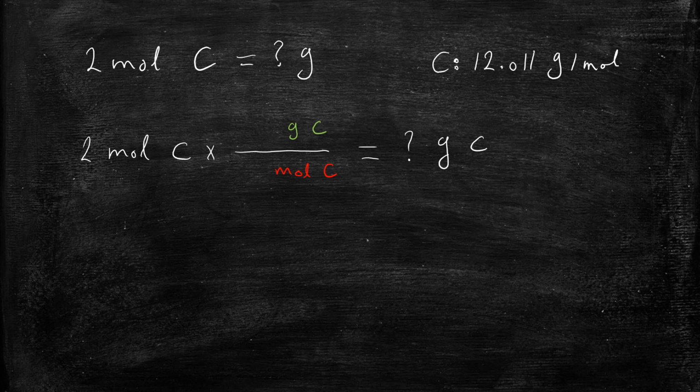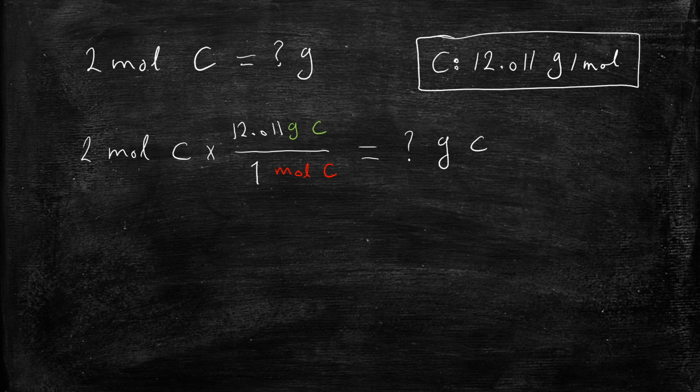Now we need to complete our conversion fraction by putting numbers into it. I know the easiest way is to say just 1 mole of carbon is how many grams. Using the molar mass information, I know 1 mole of carbon is equivalent to 12.011 grams of carbon.